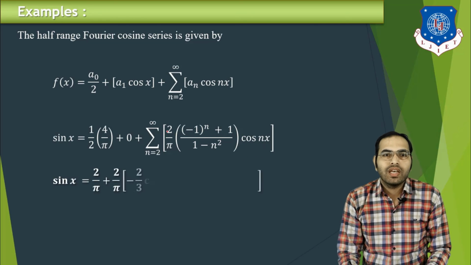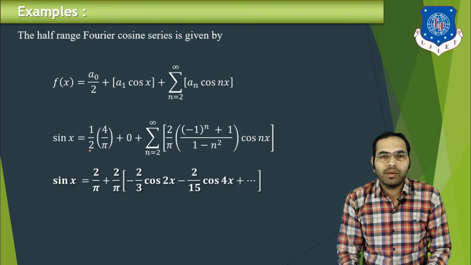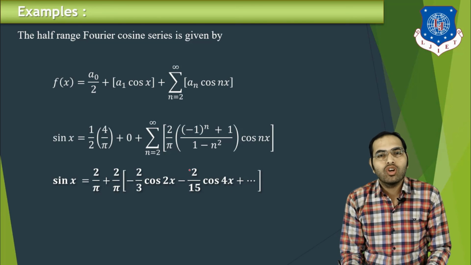Simplifying that term, the two 2s give 2 by pi plus, and that 2 by pi which is a constant comes out. Substituting n equal to 2, 3, 4 and so on, inside the bracket we get minus 2 by 3 cos 2x when we substitute n equal to 2, and when we substitute n equal to 3, that gives minus 2 by 15 cos 4x, and so on.